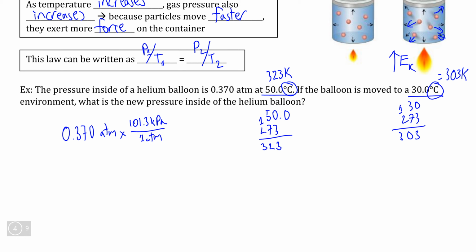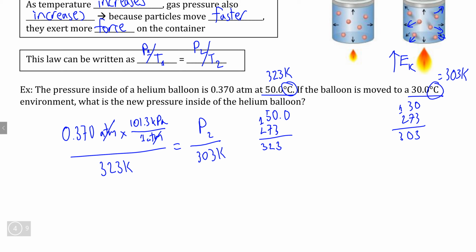So we can do this conversion factor here, and we're taking it as a ratio with our temperature, which is 323 degrees Kelvin. And if we want to find our unknown pressure, P2, we simply need to compare this ratio with the ratio between our unknown pressure and the new temperature, 303 degrees Kelvin.